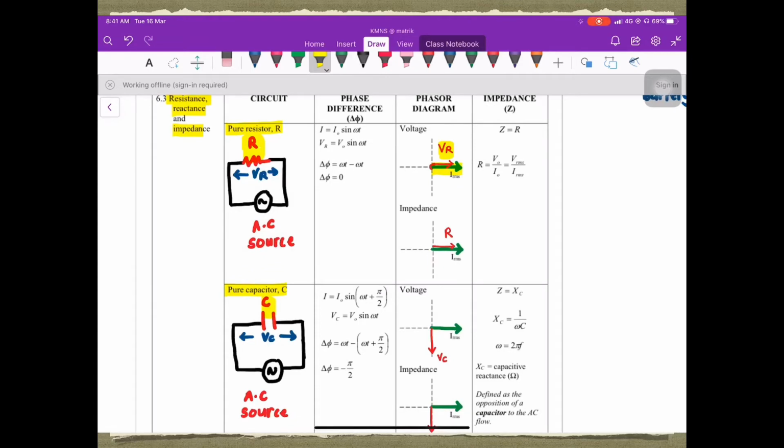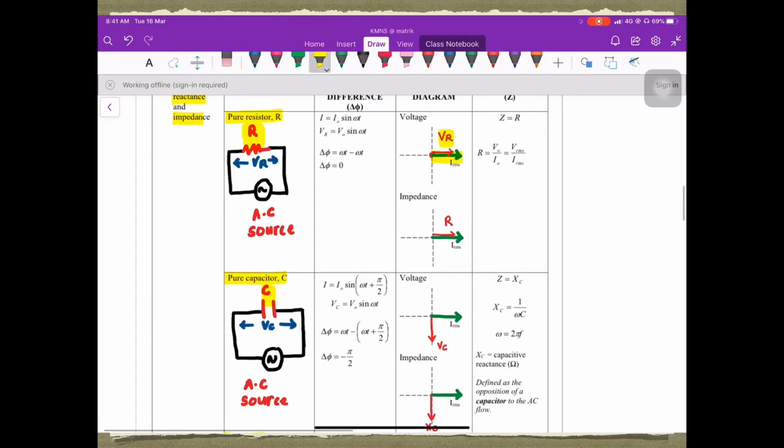And then for the impedance, we can draw the phasor diagram for the pure resistor, R, and current. So be careful here. We need to label IRMS with an arrow.